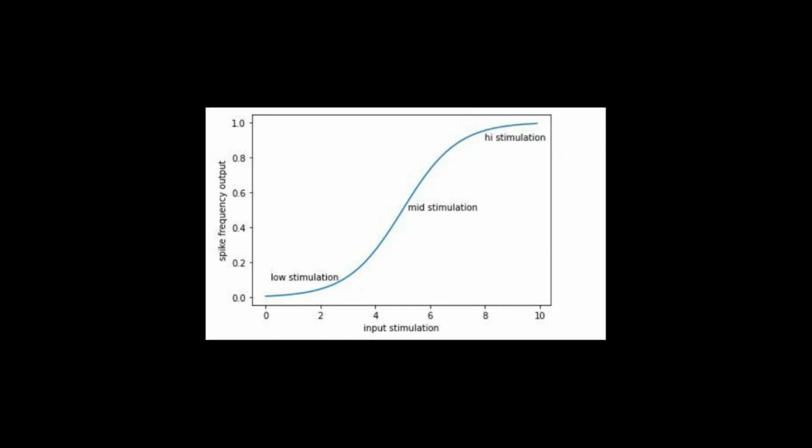So if neurons do output a spike frequency, what might that output look like? Well, we can imagine that if a neuron is not very stimulated, that it would not output very much. We can also imagine that if it's getting more medium or moderate stimulation, that it might finally respond and send out some spike signal in sort of a linear fashion.